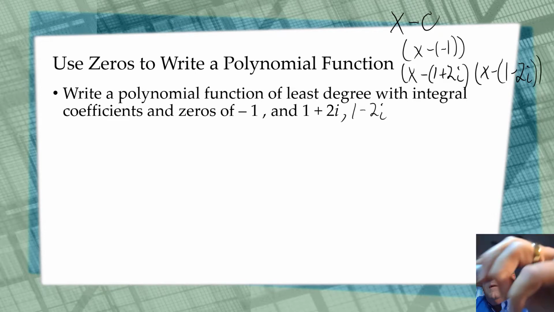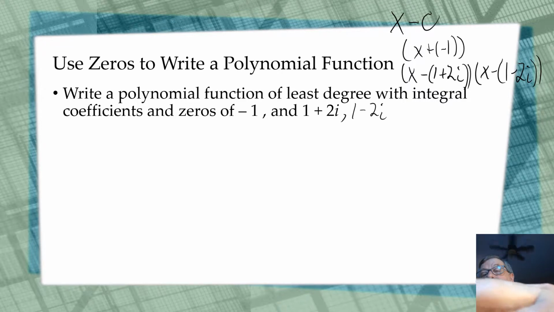All right, but let's see what's going on in here. Well, this is going to become positive. This is going to become -1 minus 2i. Both of those are going to become negative. And this is going to become -1 plus 2i when I distribute that -1 inside the parentheses.